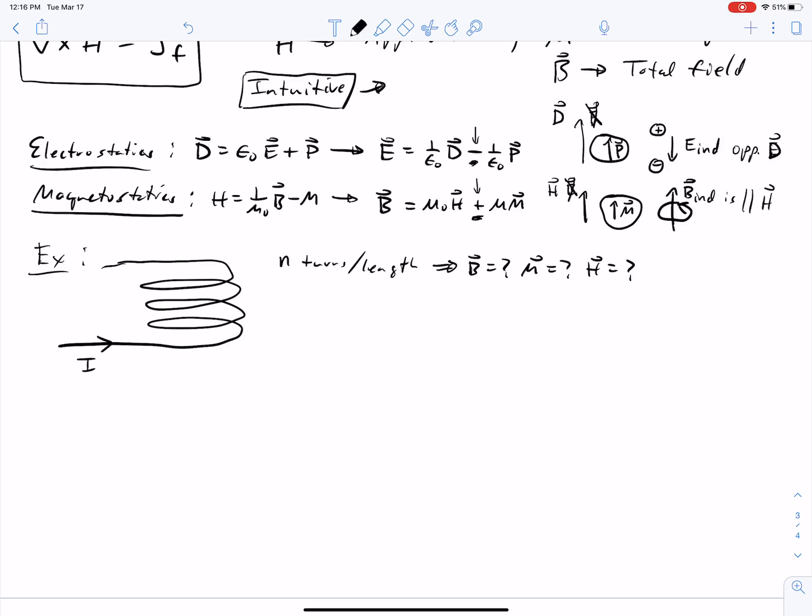What's the magnetization inside? What's the H field inside? The way to think about it is, you look at this and you first say, is there any free current?